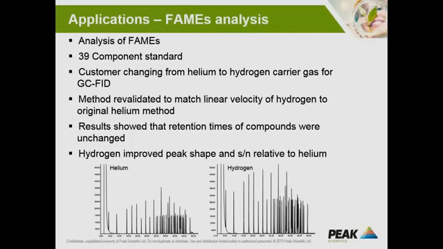This meant that there was no need to worry about peaks changing position or any change in retention time. It was more or less a case of carrying on with the same analysis, just using a different carrier gas.